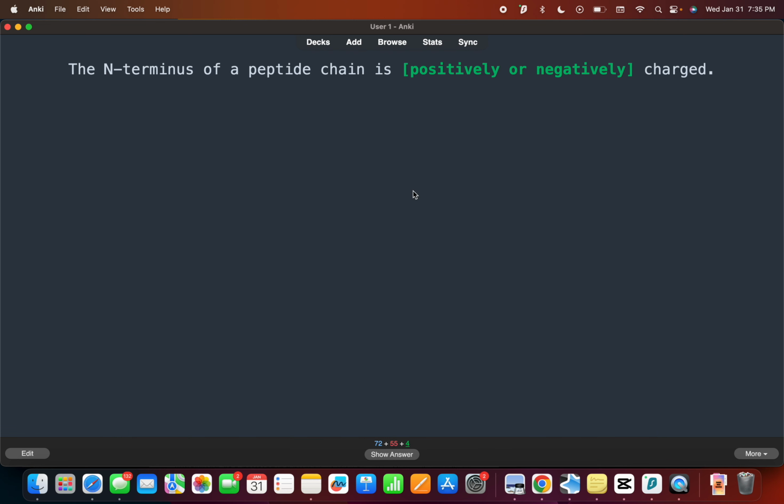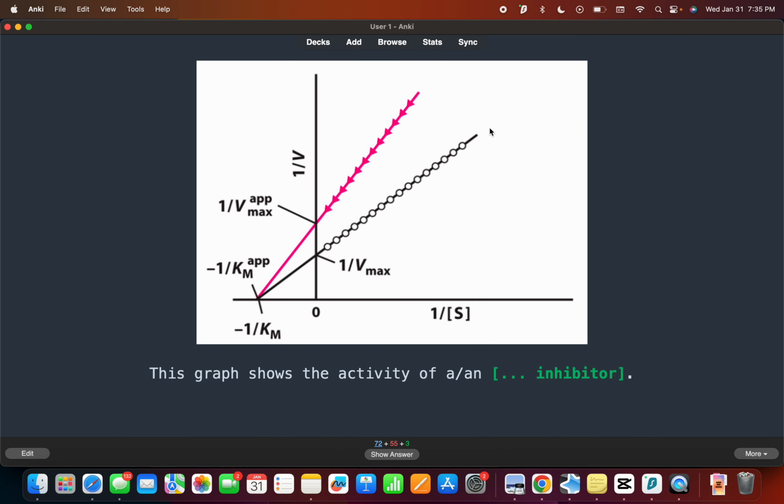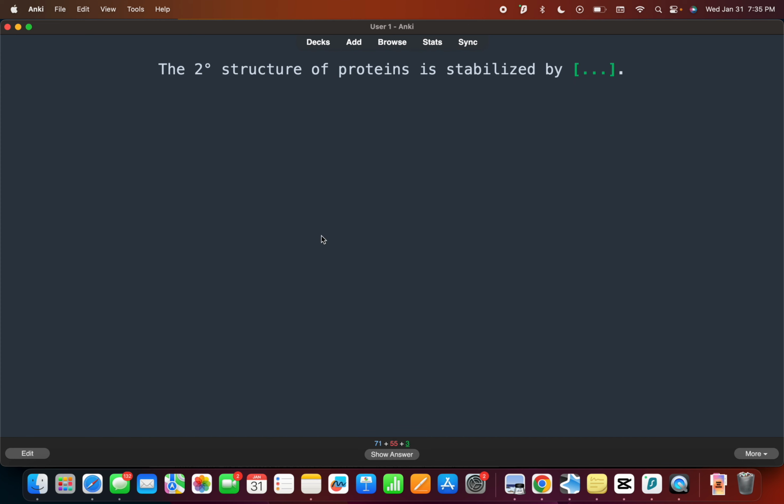The N-terminus of a peptide chain is positively charged due to NH3 plus. This shows, so higher 1 over Vmax means lower Vmax. Vmax has decreased and Km is constant, so it's non-competitive inhibitor.